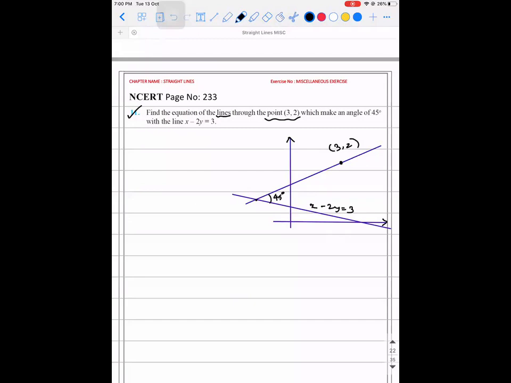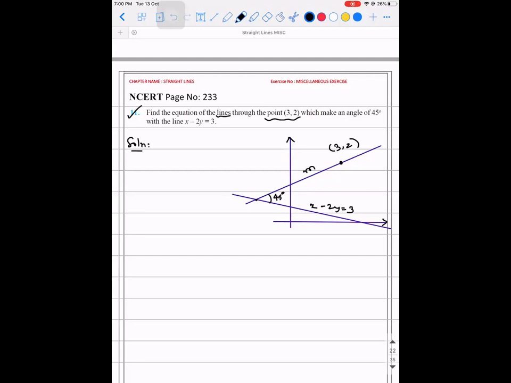So what is missing in the question? See, wherever you want to write the equation, what is it that you need? The slope of the line is missing.